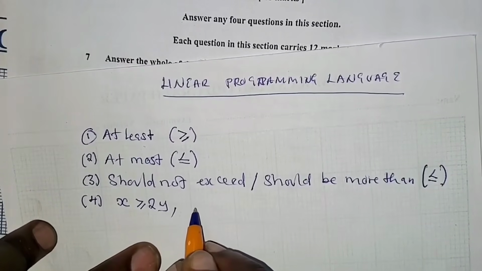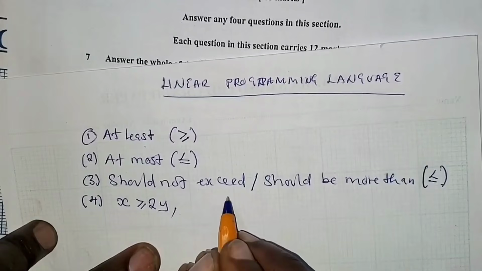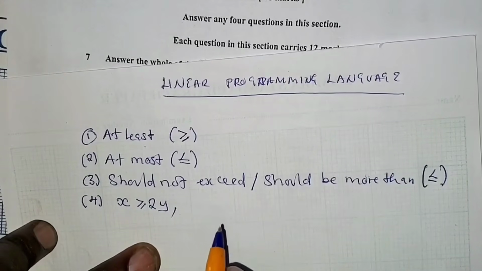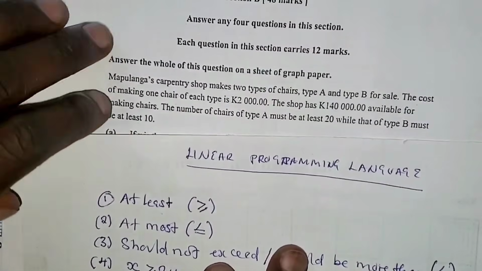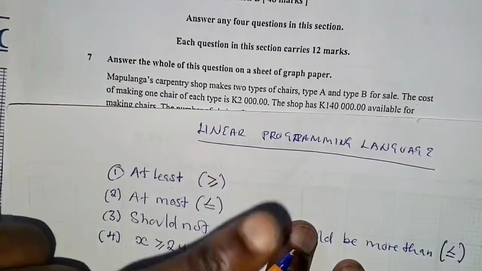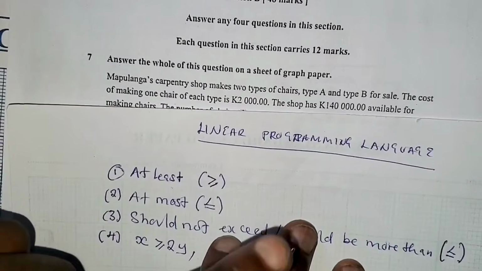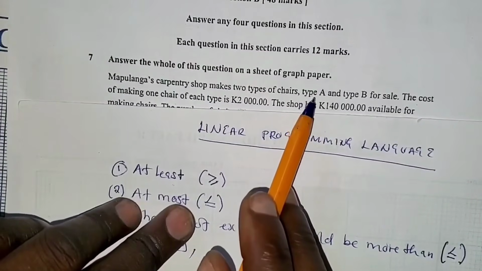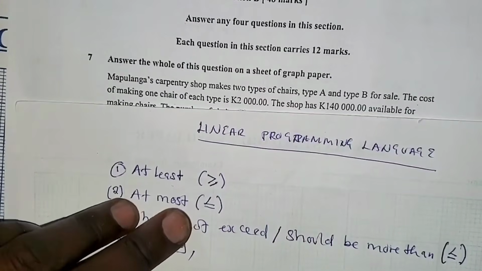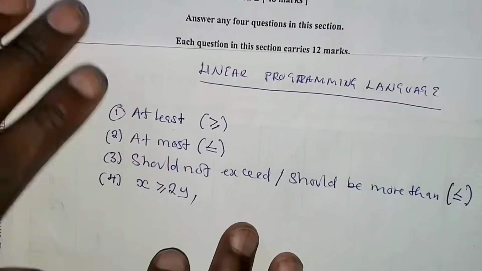When I say y, that is the representation of a certain quantity. Let's say maybe like this one, this is chairs. Type A, type B. Maybe type B will be represented by y, then type A by x. So that's how it will be.